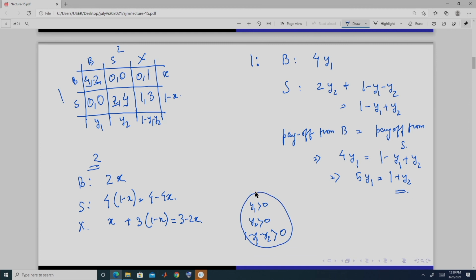First we will check this. So, 2X must be equal to 4 minus 4X. So, then this means X is equal to 2 by 3. Again we need X is equal to 3 minus 2X. So, this means X is equal to 3 by 4. So, this is not equal.